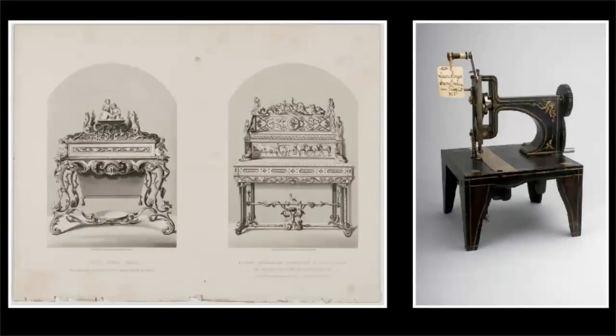So, for instance, if we focus a little bit on this one on the left here, it's a piece of furniture made in the UK. You can see that it has all these aesthetic figures, all these ornaments that in a way relate or refer to previous artisan-made objects.